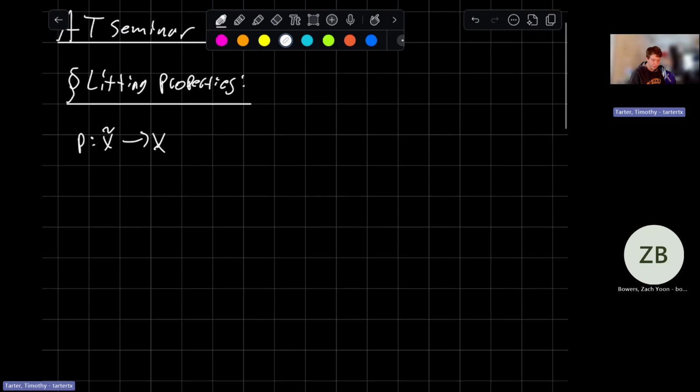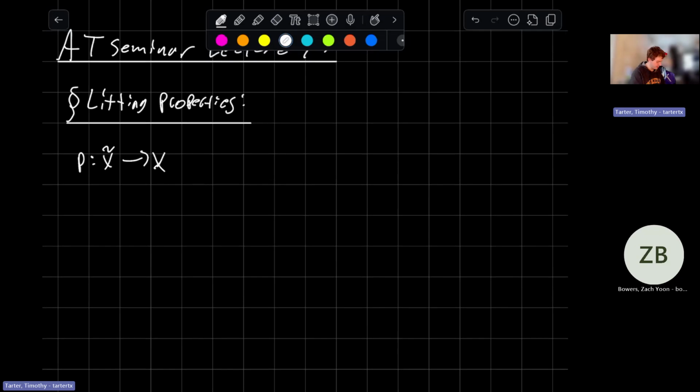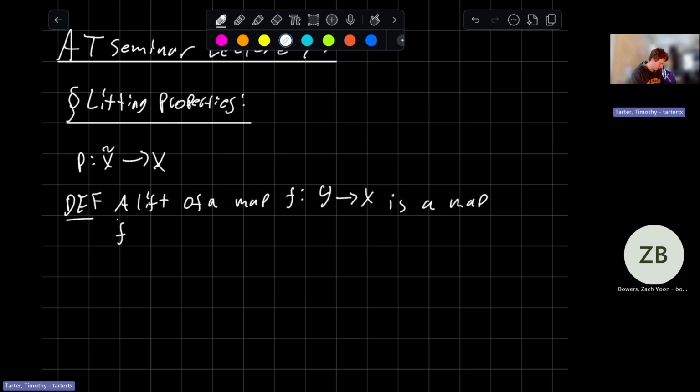Recall the terminology from the proof of theorem 1.7: a lift of a map f from y to x is a map f tilde from y to x tilde such that p f tilde is equal to f.